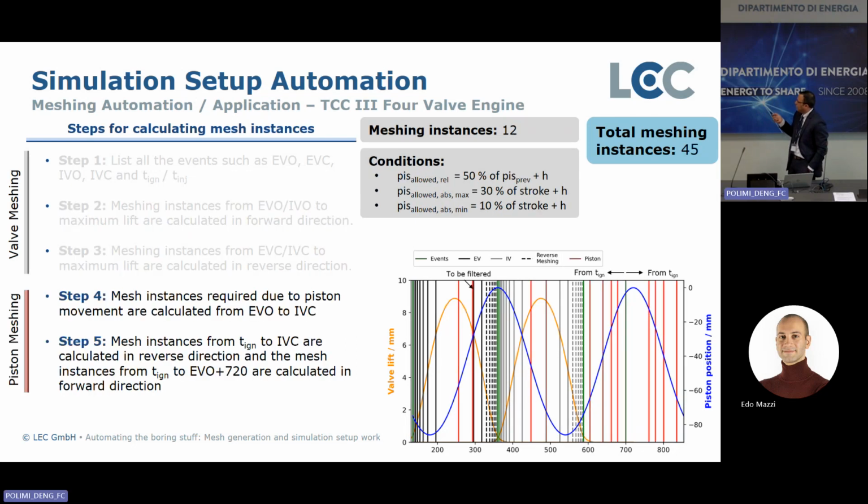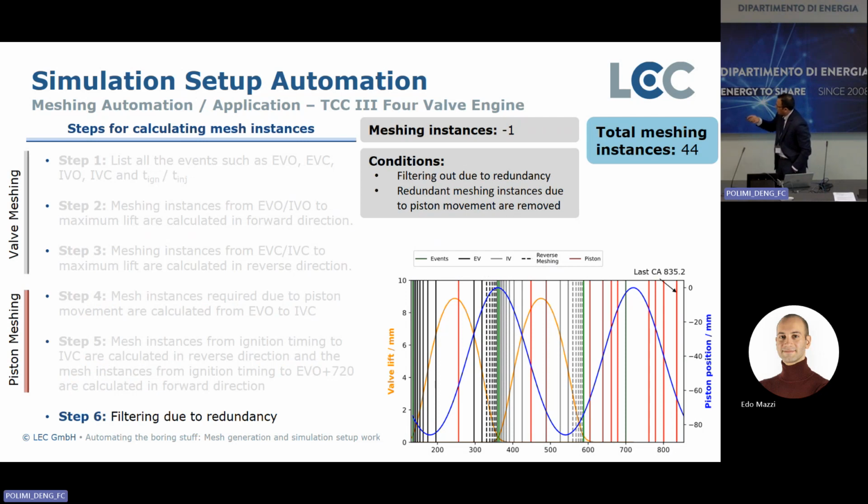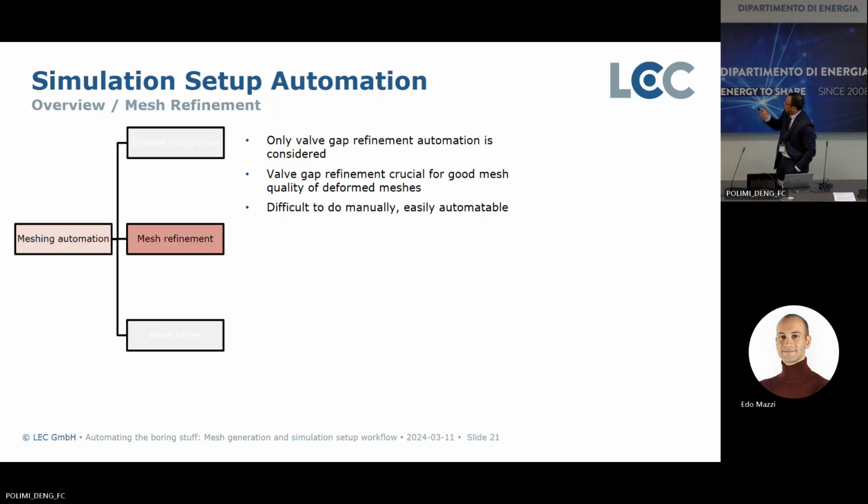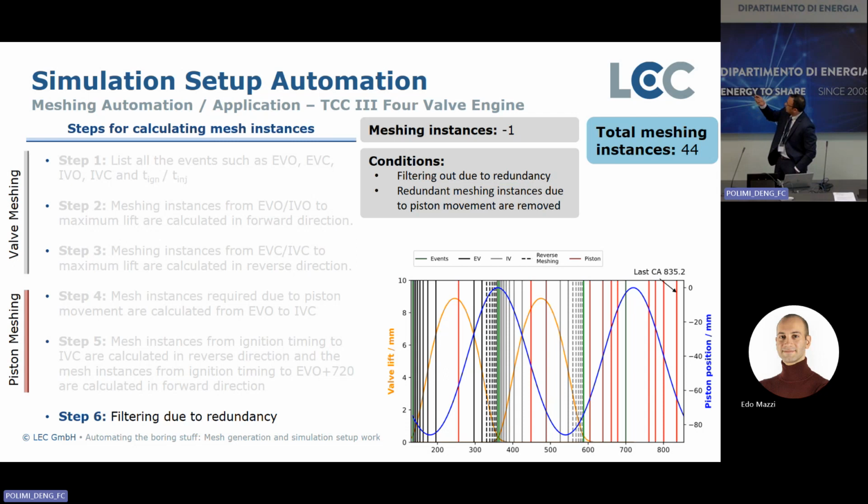So in the next step, all the instances required due to the piston motion are added. And here we end up with some, let's say, outliers because they are too close, so they can be filtered out based on the conditions that we have. So finally, we end up with these meshes. These are all of the meshes. We have in total now 44 meshes for the complete engine simulation.